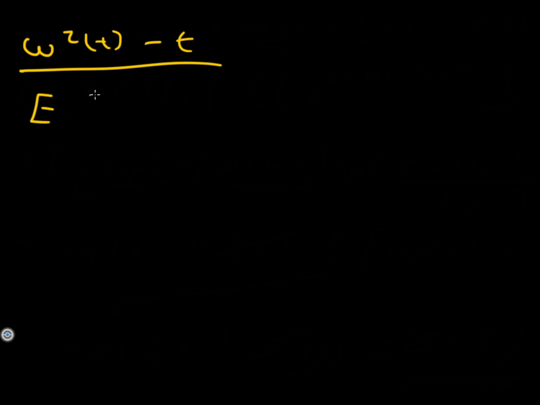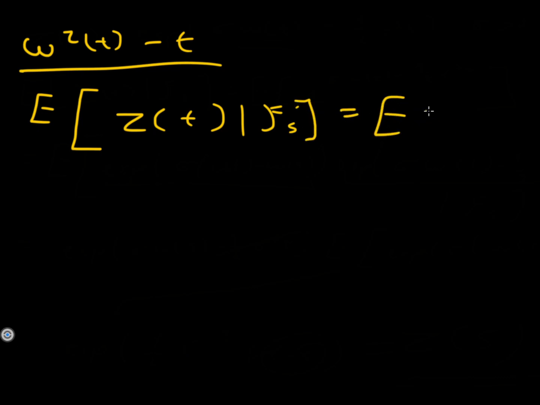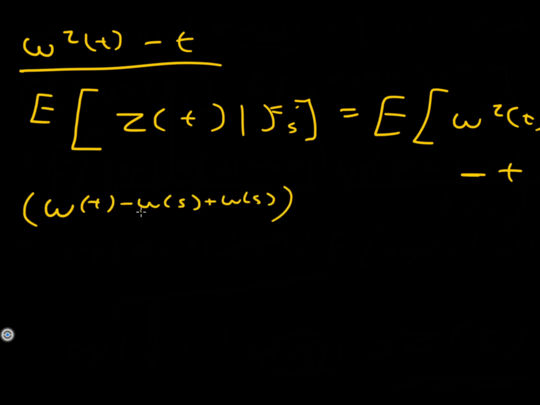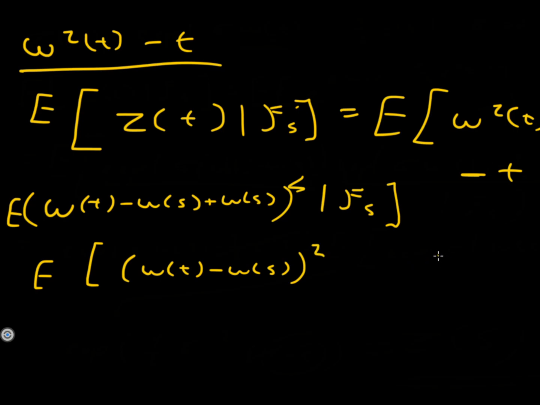So for its proof, we'll just say Z again is going to be equal to the expectation of this, conditional to F_s minus t, and then this will open as W_t minus W_s plus W_s squared, expectation conditional to F_s. Then we'll take this separately, and we'll complete it so that it's mathematically true.